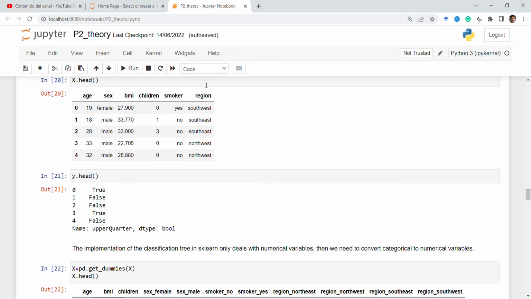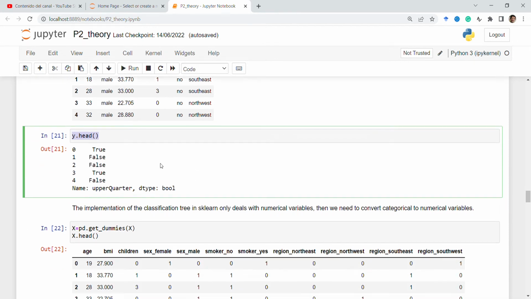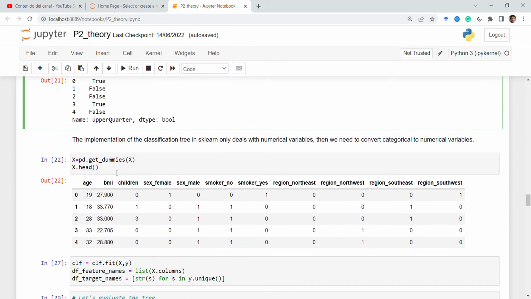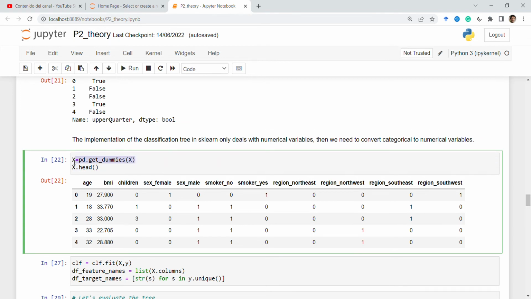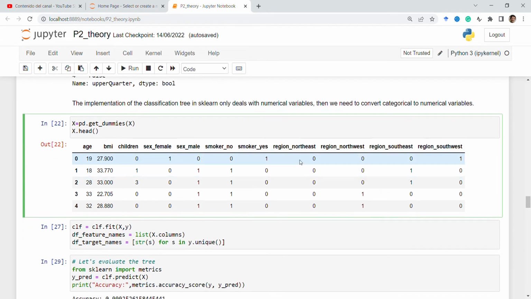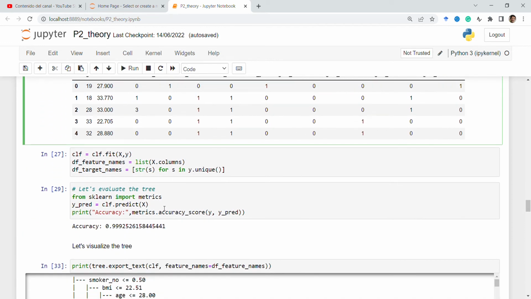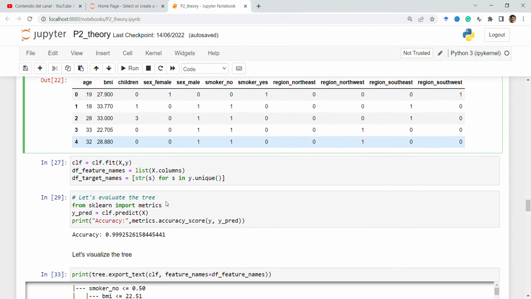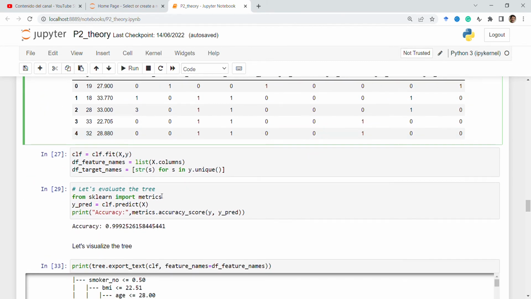So here we have the top of the predictors, and the top of the predicted values that we want to predict. We expand the X predictors into this one-hot encoding, because the classification tool that we will use cannot handle categorical variables. It can only do it with one-hot encoding.